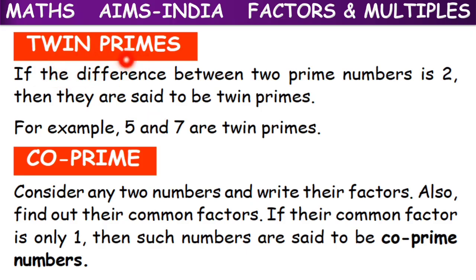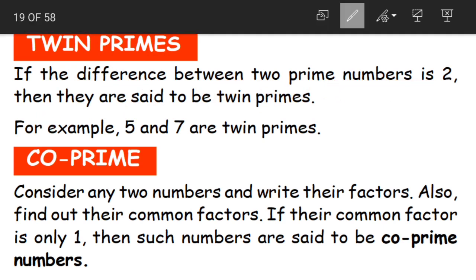Now what are twin primes? If the difference between two prime numbers is 2. So if we are taking two numbers, say, what example is given here? 5 and 7. Okay, we have taken two numbers. Now they should be two prime numbers.